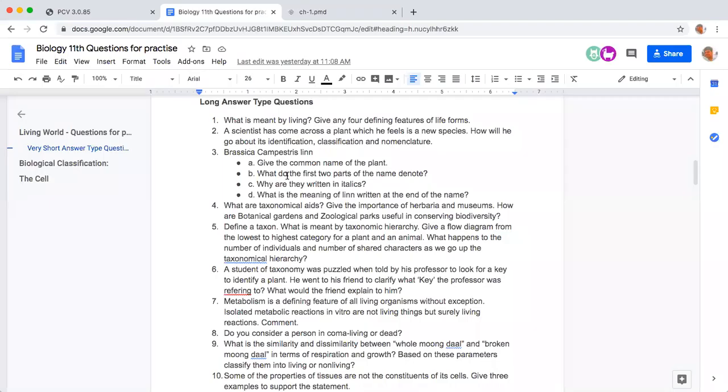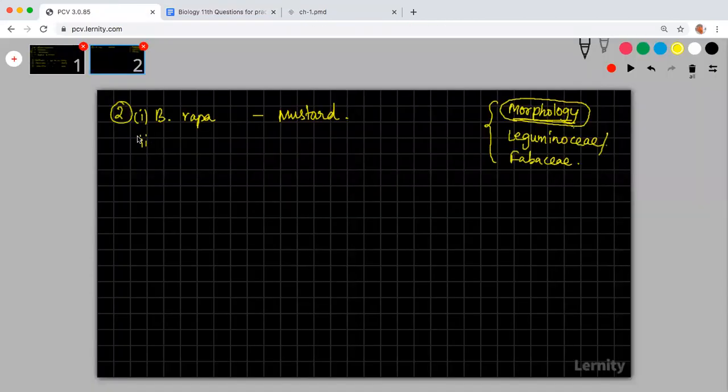Second question, what do the two parts of the name denote? The first part will denote the genus name, and the second part will denote the specific epithet.